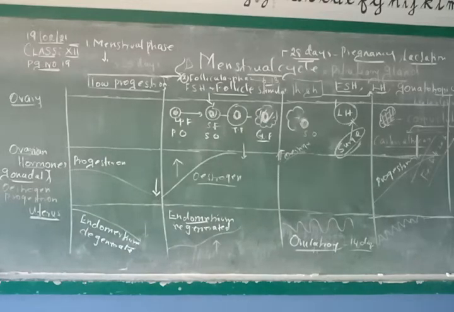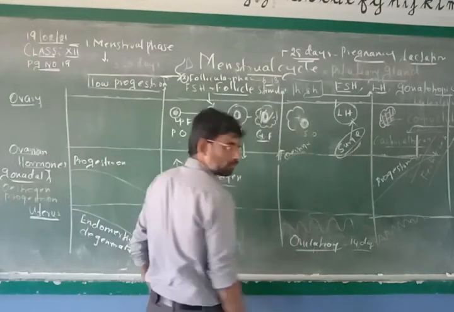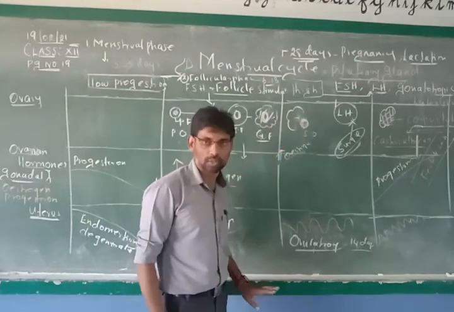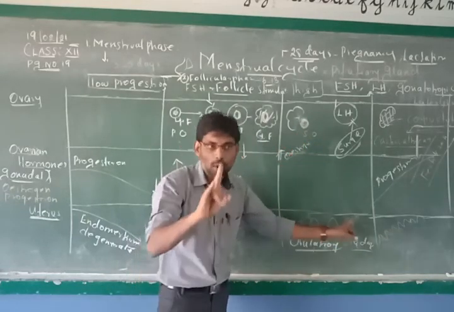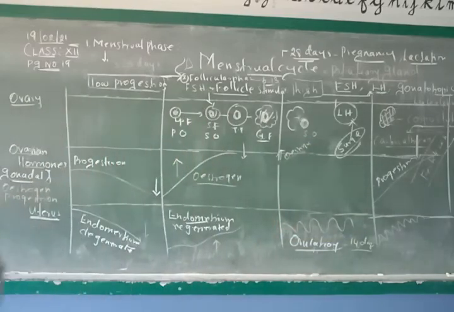Super. Right. So next one, the ovulatory phase. You know what ovulation is? Ovulation means removal of the ovum from the Graafian follicle. Ovum means secondary oocyte. It begins on only 1 day, the 14th day, the ovulatory phase. Both FSH and LH attain peak level, one more question, peak level.